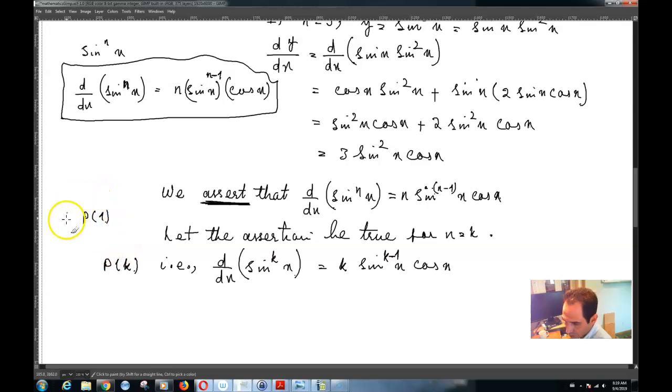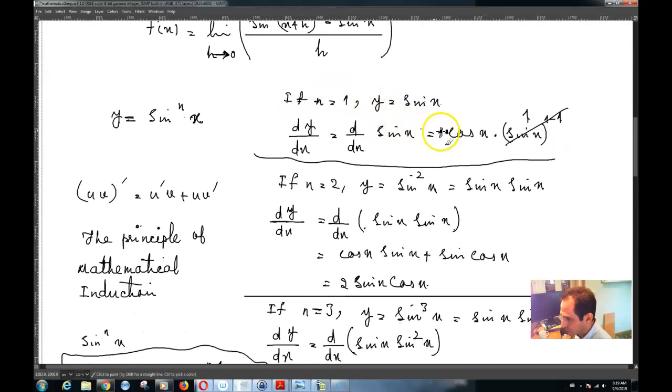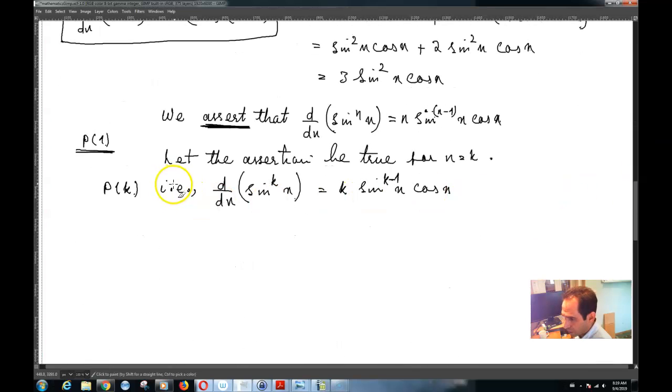P of 1 is where I need to show that for n is equal to 1, the formula does work, right? And this is where I have shown that the formula works for n is equal to 1. So I can call this P of 1. So P of 1 is true, right? And of course I have assumed that P of k is true.